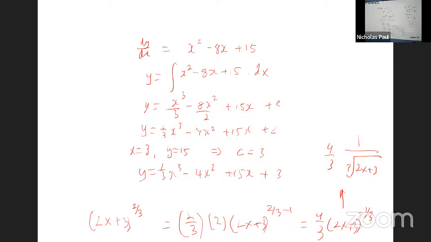To make it look a little bit nicer, you could write 4/3 by the cube root of 2x plus 3. Right? Don't let these 3's get mixed up. One is the cube root, and one is just 3.